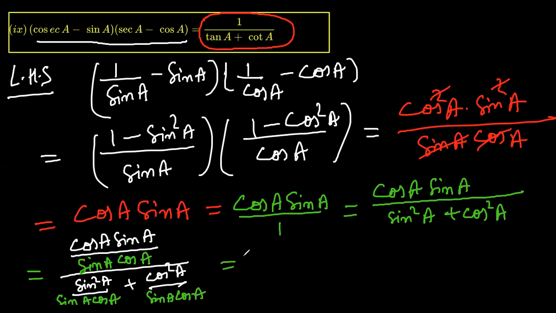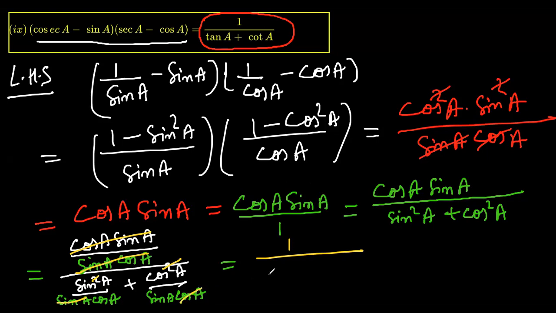That means sin A cos A cancels. So we get 1 in the numerator, and in the denominator we get sin square A divided by sin A cos A. So the square and sin should get cancelled, and the square and cos should get cancelled.